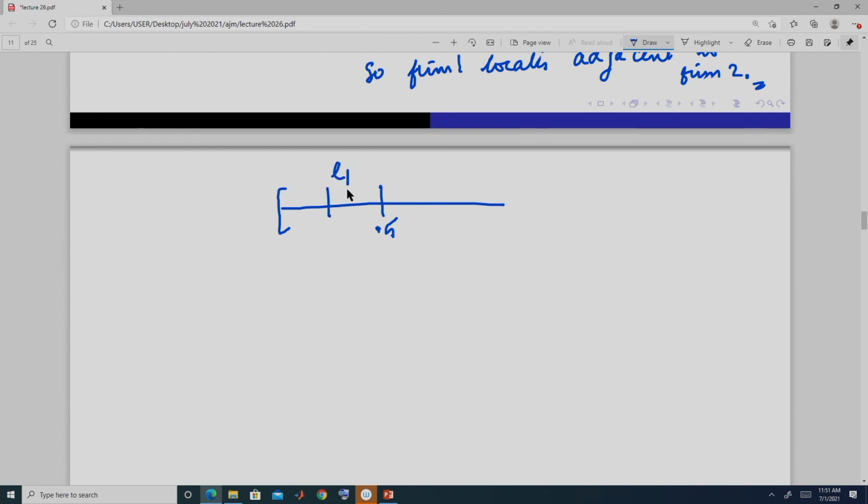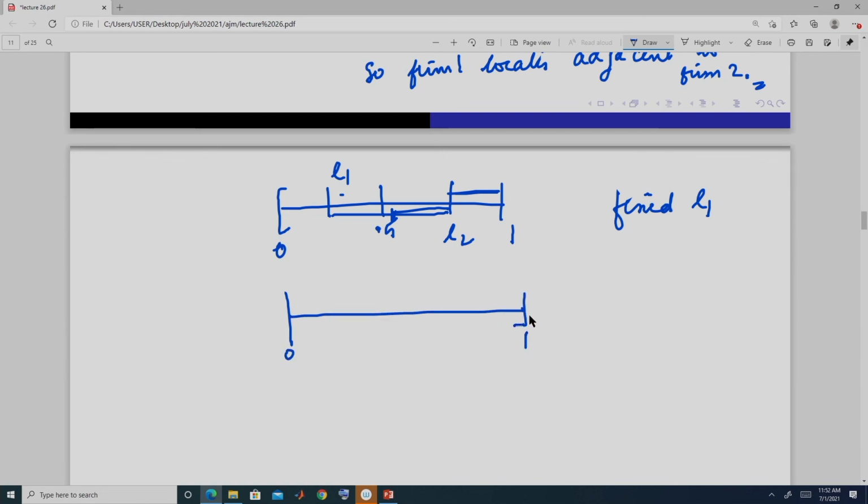Okay. Now, take this case. This is L1, this is L2. So, fix L1. Now, based on the same argument, what is the profit of firm 2? Firm 2 gets this length plus half of this length. Now, suppose it moves to this position.